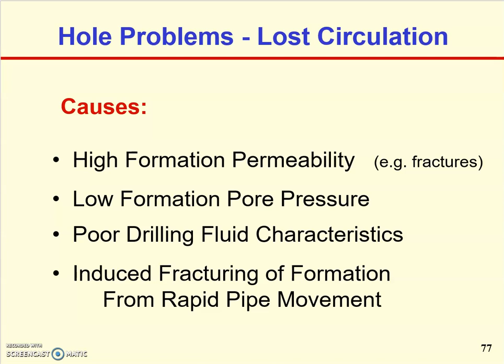Also poor drilling fluid characteristics, that doesn't have enough viscosity, or doesn't have enough solids to create a good mud cake that prevents drilling fluid from invading the formation. And also of course the fracturing that is created based on movement of the pipes and hitting the formations, which are basically brittle.